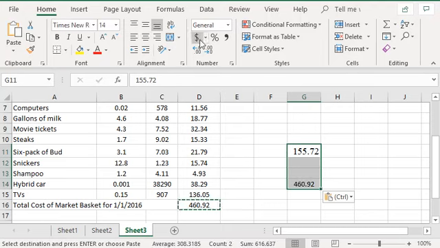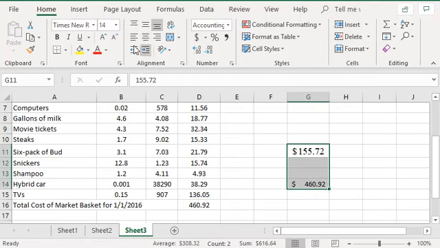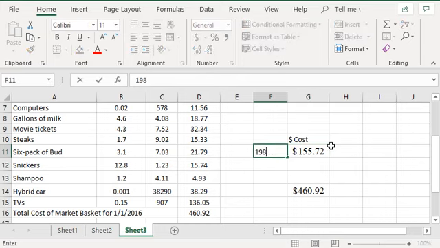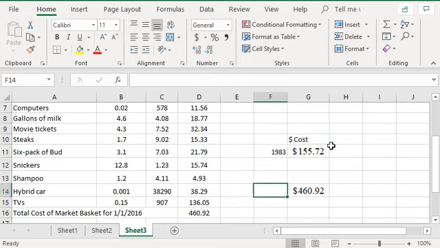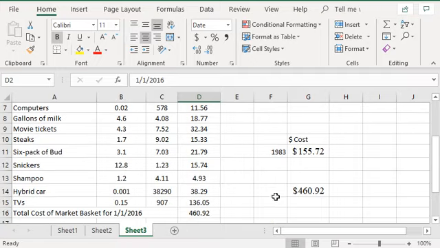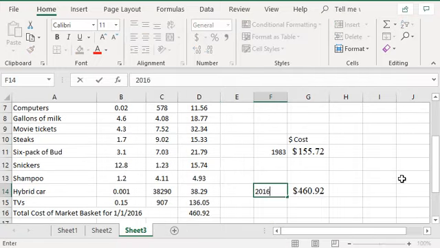These are the dollar cost of the market basket. And this is 1983, and this is 2016. So 2016. Okay.